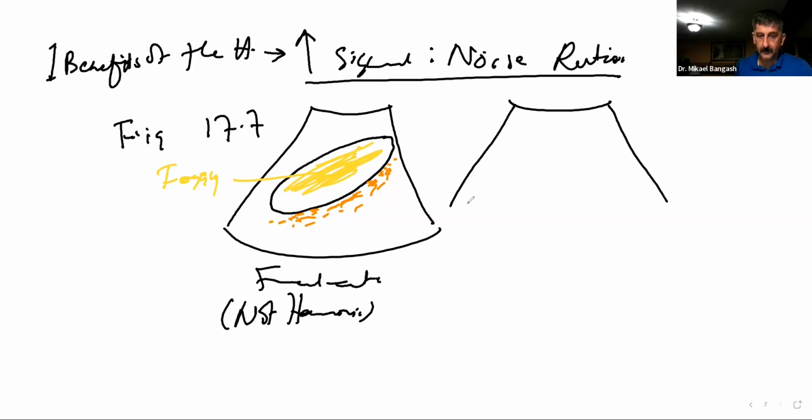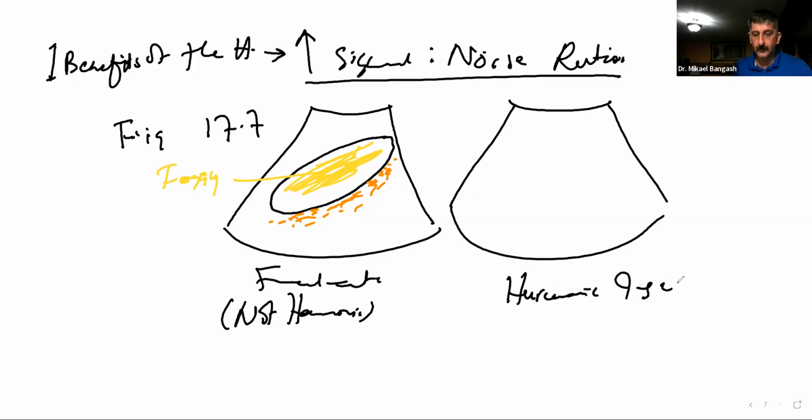Same structure, same everything being scanned, but this one here is a harmonic image. We already know that at superficial depths, in both images there are going to be no harmonics.